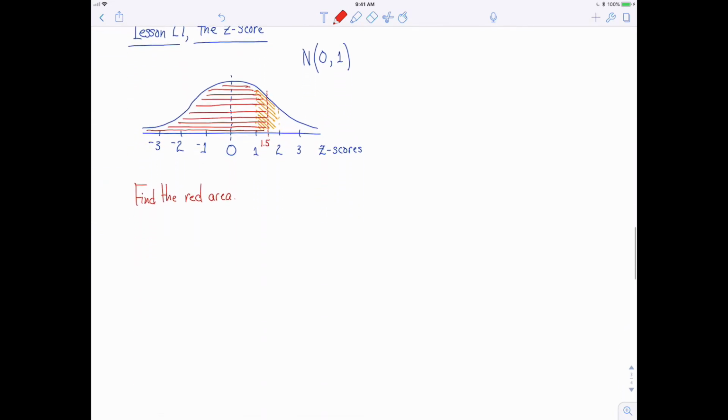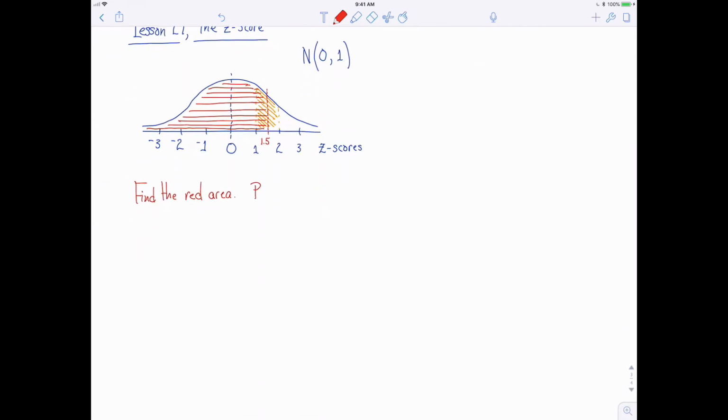For the area in the red, we say that the percentage of z-scores below 1.50 is equal to 0.9332, or if you wanted to write it as a percentage, 93.32%. And that's how we use our tables.